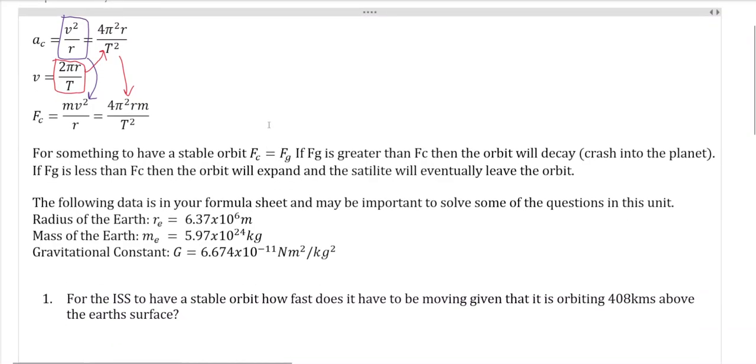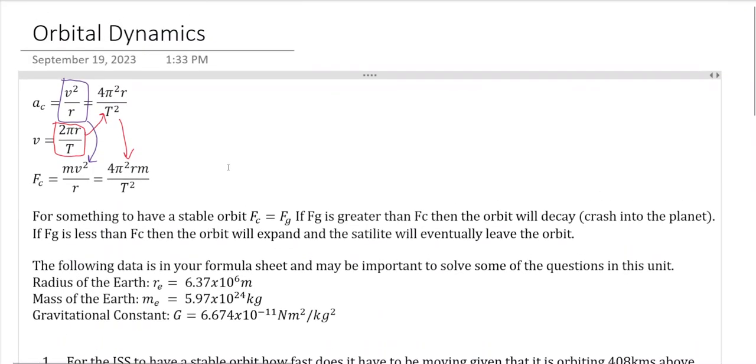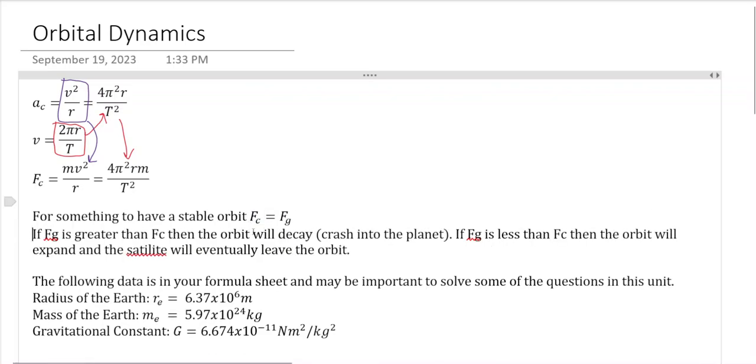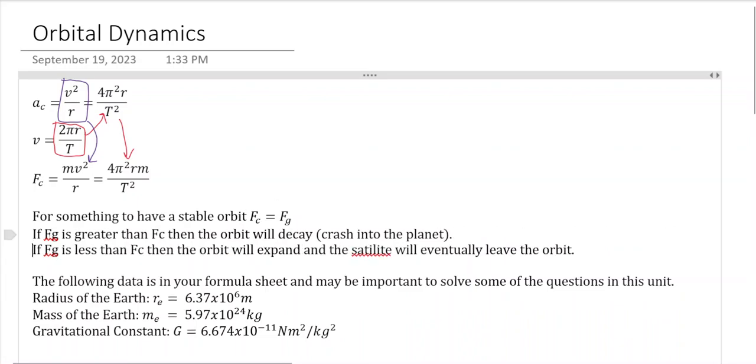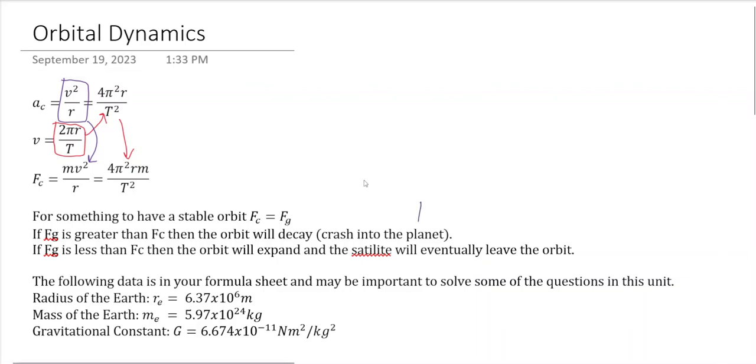Now, in this video, what we're adding to that is that we have three situations. If FC equals FG, then it will have a stable orbit. If FG is greater than FC, the orbit will decay, meaning if gravity is stronger than the centripetal force has to be, then it will crash into the planet or decay.